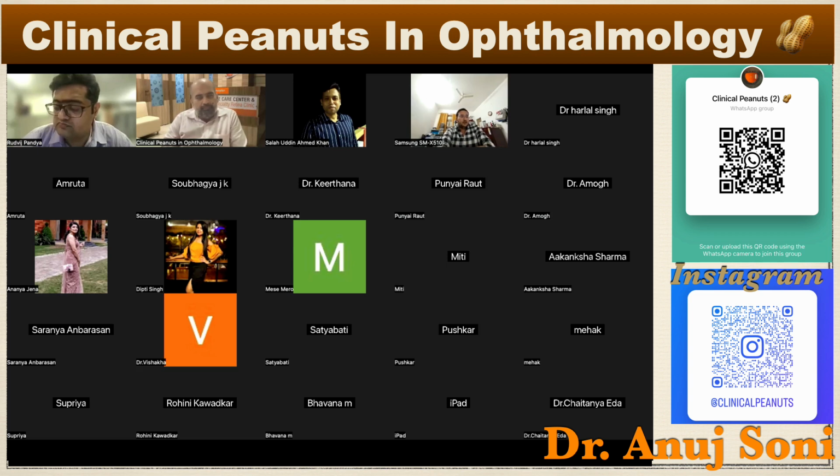When we talk about any of the signs and symptoms, every sign and every symptom has a story to tell. And when you understand the story, the science becomes more interesting, right? Similarly, when you talk about fibrinous reaction or hypopyon, those have a very clinically significant relevance in our patient also.